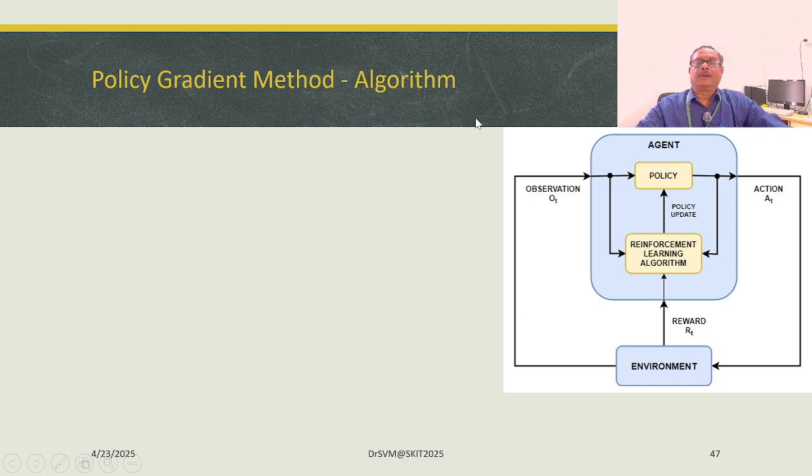Looking at the algorithm, first let's see what the overall system of the policy gradient method looks like. We have an environment and then we have an agent. The agent has two components. One component is a policy, and the other component is a reinforcement learning algorithm.